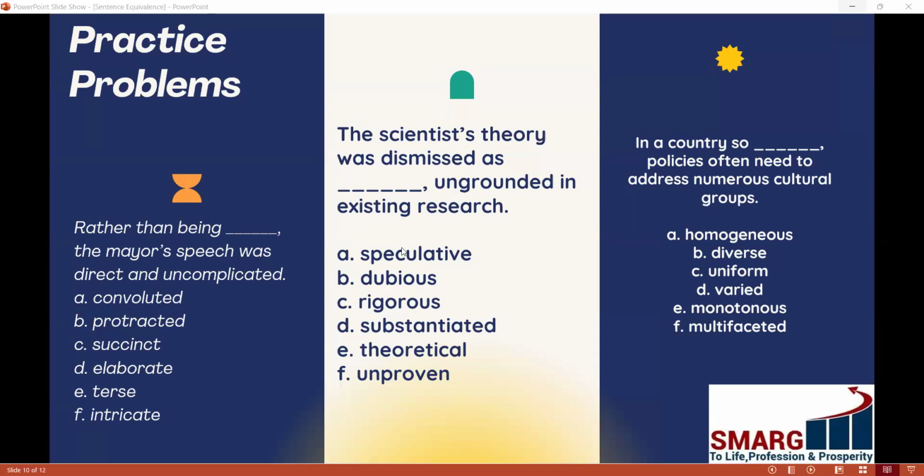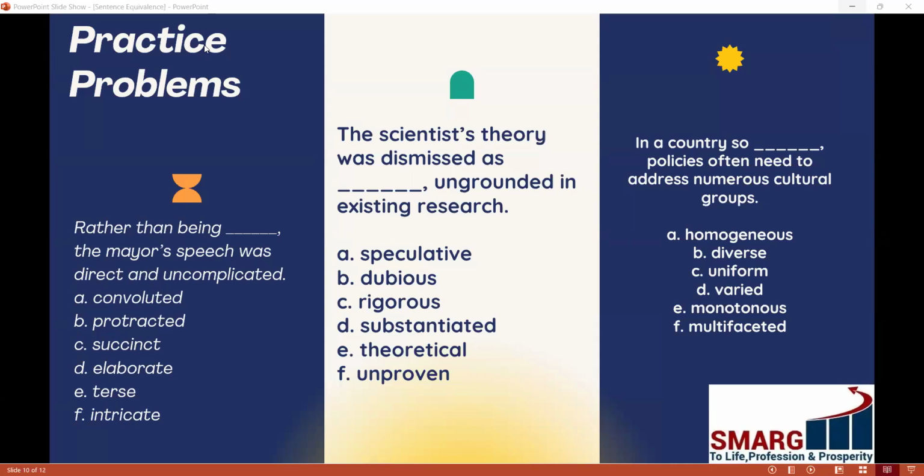Clear? Next one. In a country so dash, policies often need to address numerous cultural groups. This is very easy. We already have our hint. We are looking for something that is talking about diverse. Diverse, very good. And another word for diverse? Varied.